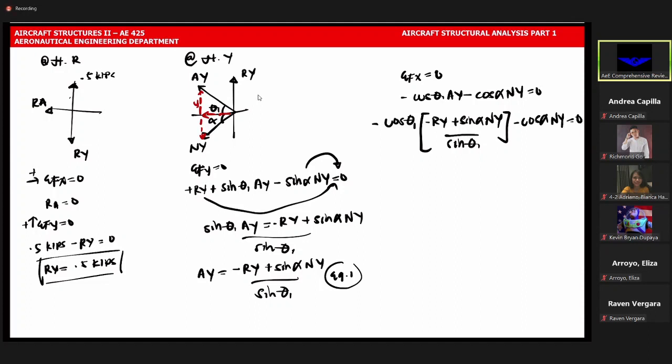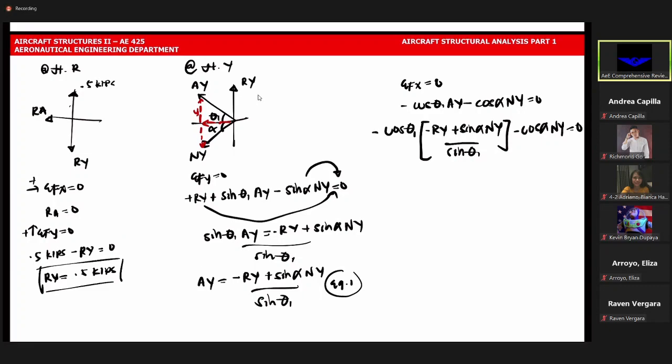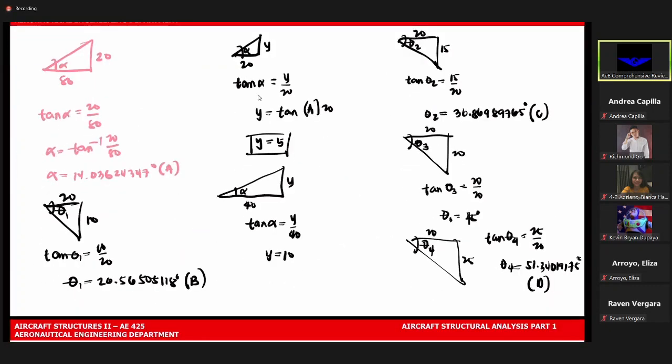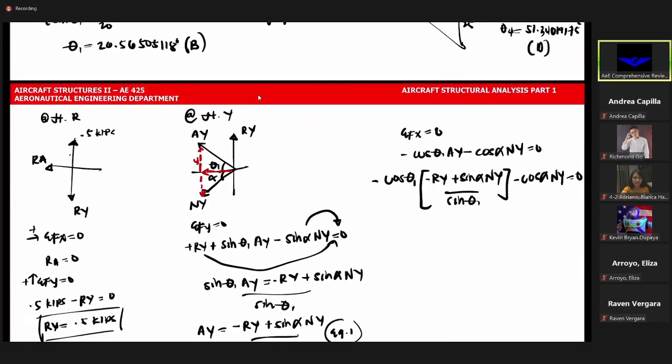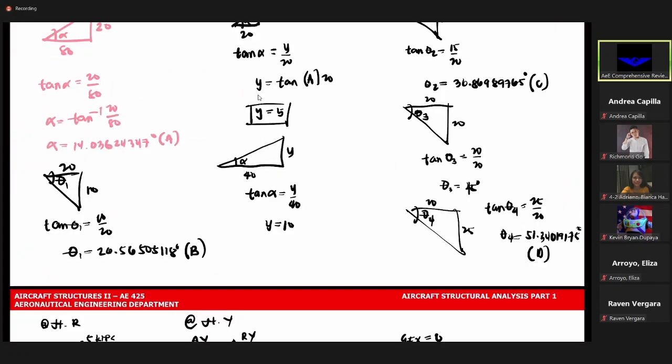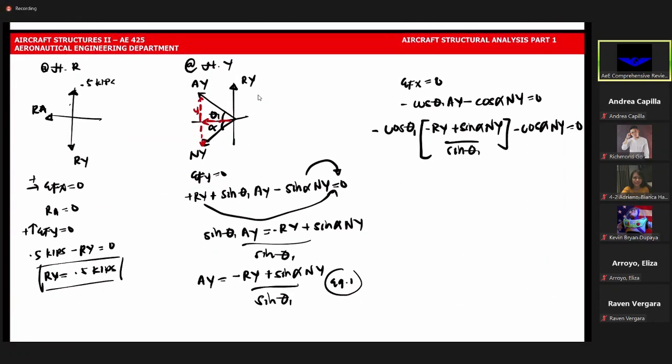Okay, we have the value of theta sub 1, that is store B, alpha is store A, Ry is 0.5.